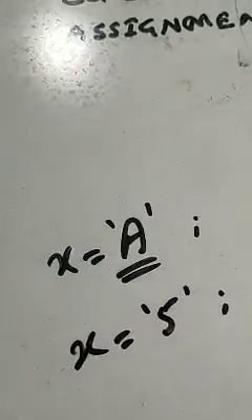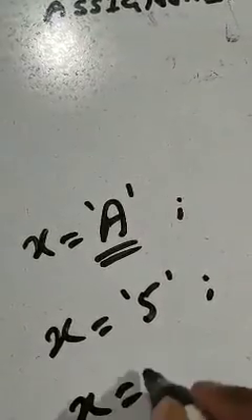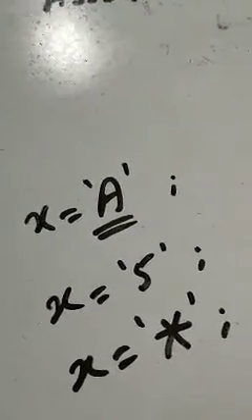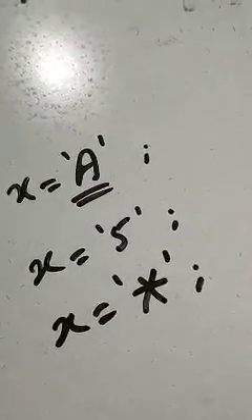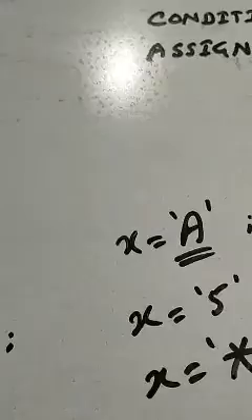Another one, suppose I write '5' within single inverted comma, this is another character. Another example, x equals a symbol called asterisk, or star. These are examples of character literals.